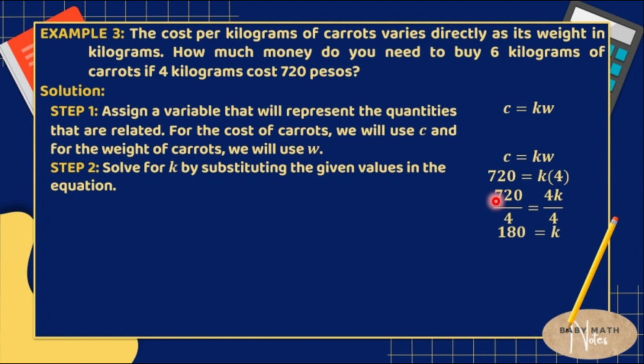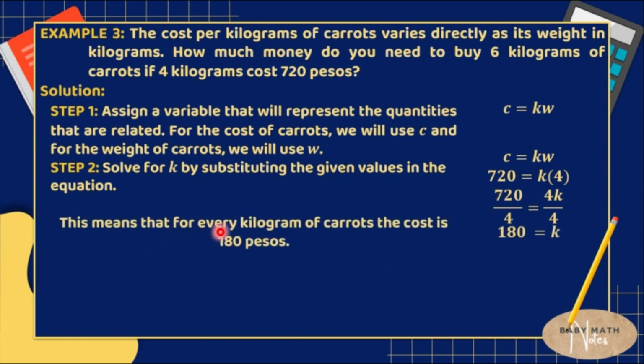And the answer is 180. So, this means that for every kilogram of carrots, the cost is 180 pesos. But we are not yet done kasi ang tinatanong, how much money do you need to buy 6 kilograms? Magkano kaya ang halaga ng 6 na kilo ng carrots?